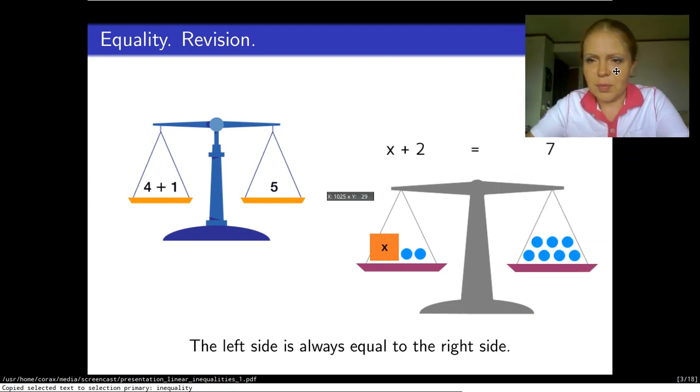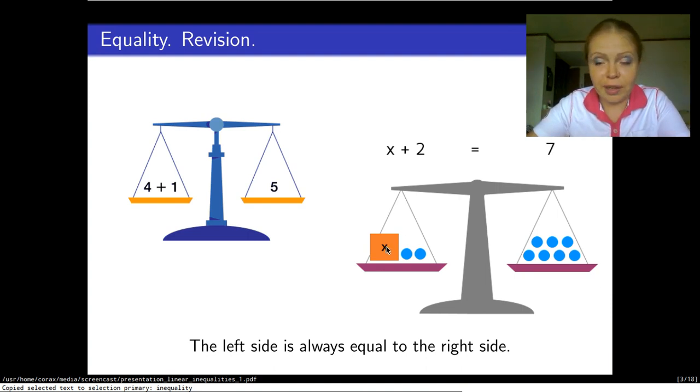And this picture, these balance scales, show you the left side with variable x. We don't know exactly what this is. Variable x equals 7 balls. This is an equation: x plus 2 equals 7. So equalities mean the left side is always equal to the right side.